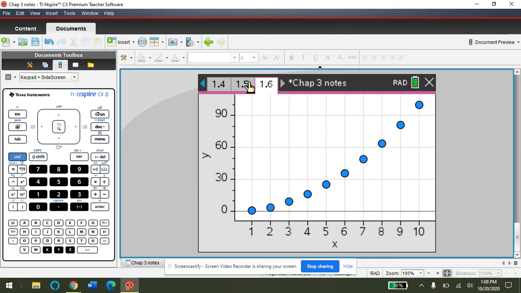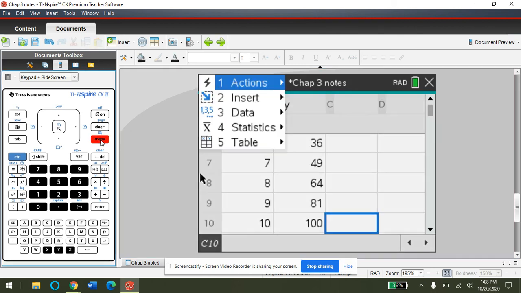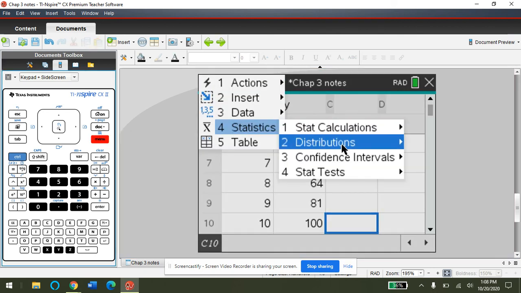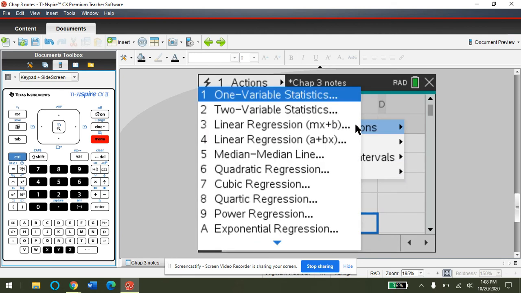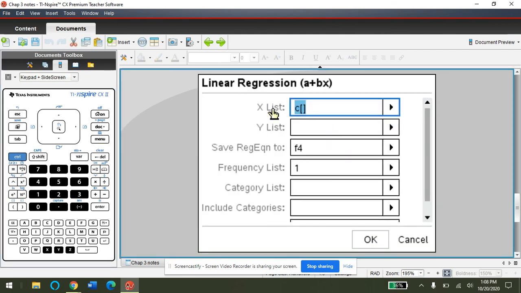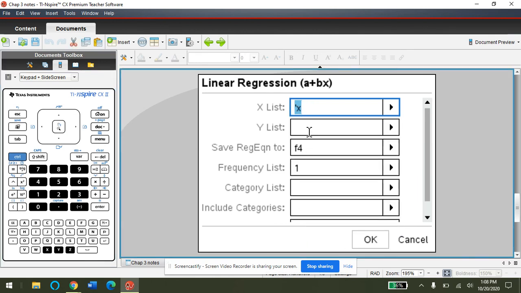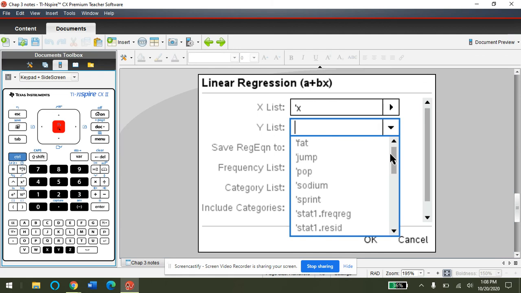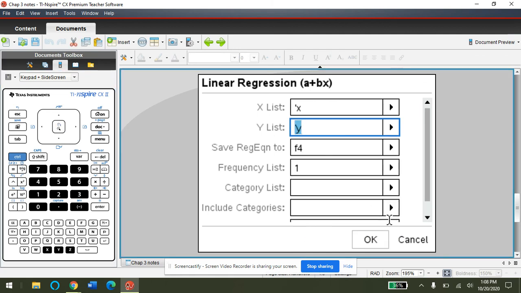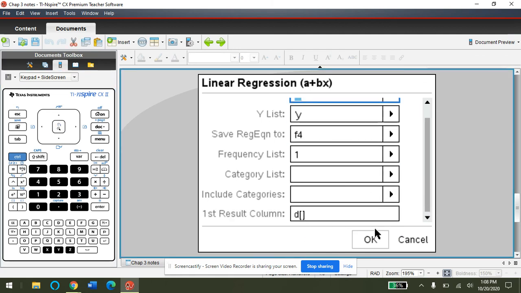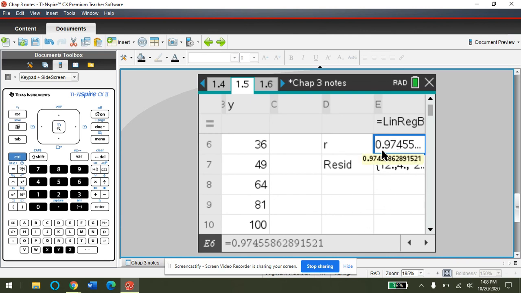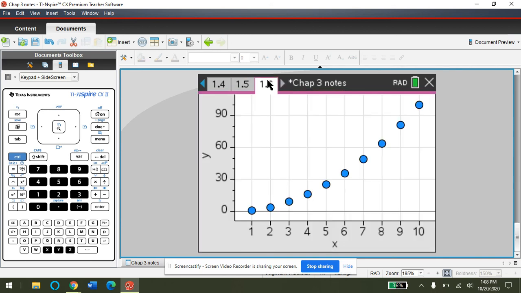But watch. If I do my correlation coefficient, and I pick X for my X, and I pick Y for my Y. Notice my R. It's phenomenal. My R is really strong and really positive, but the graph tells me it's really not linear.